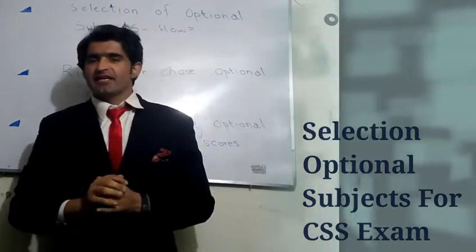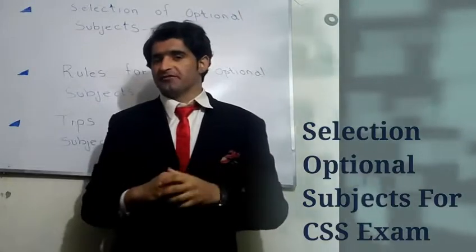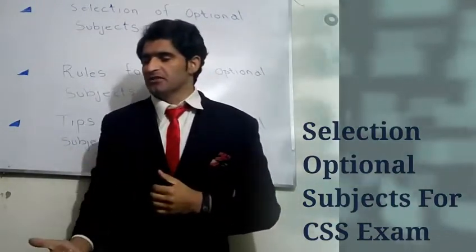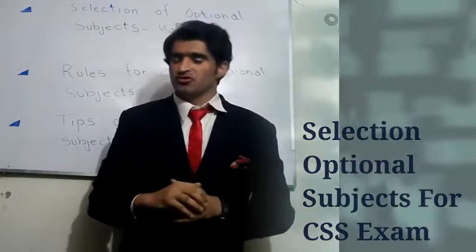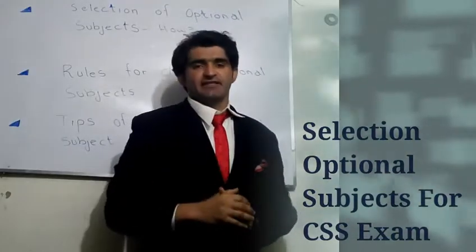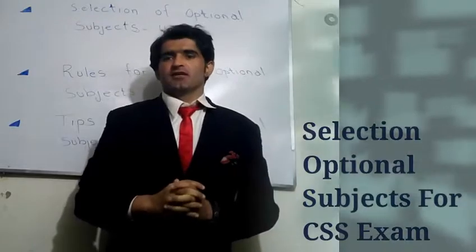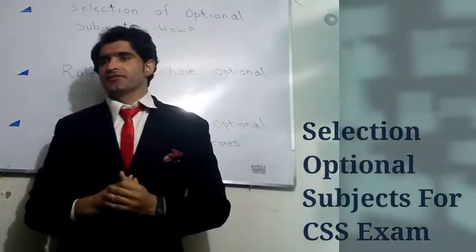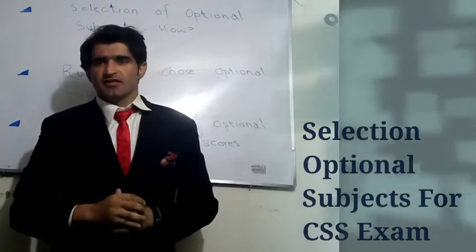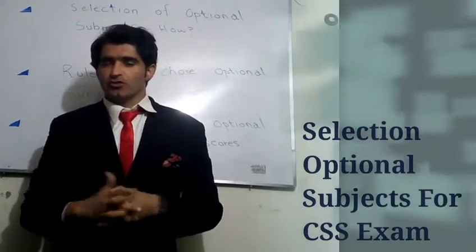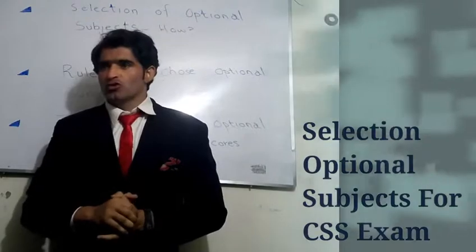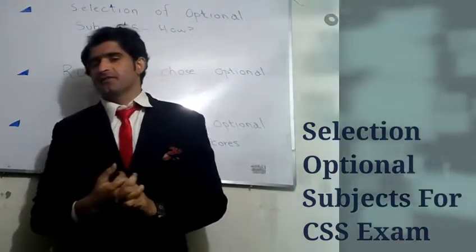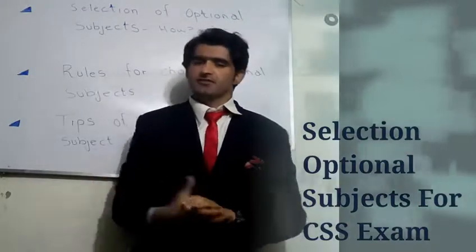The second step, as I told earlier: in which subjects in intermediate and bachelor degree you have studied very well, select those. If you have not studied a subject, I think you should select another. Likewise, if you have not studied science subjects very well, then don't choose them and choose other subjects.